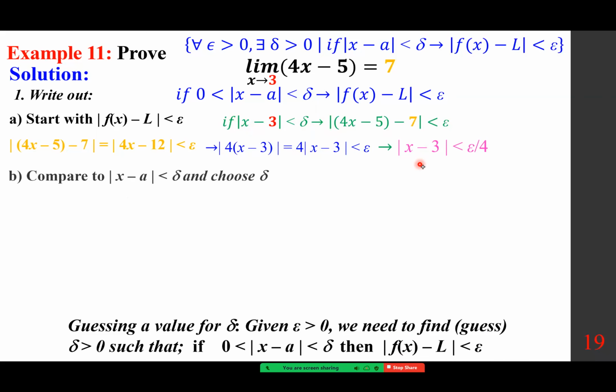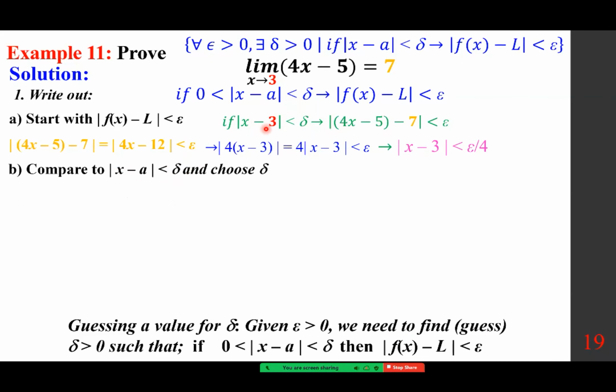When I do that, because I want to compare to the absolute value of x minus a less than delta. X minus a less than delta for me is x minus 3 less than delta. This is identical, so this side must be identical. The choice would be that delta must be epsilon over 4. And in essence, when you find the relationship between the two, practically you're done.